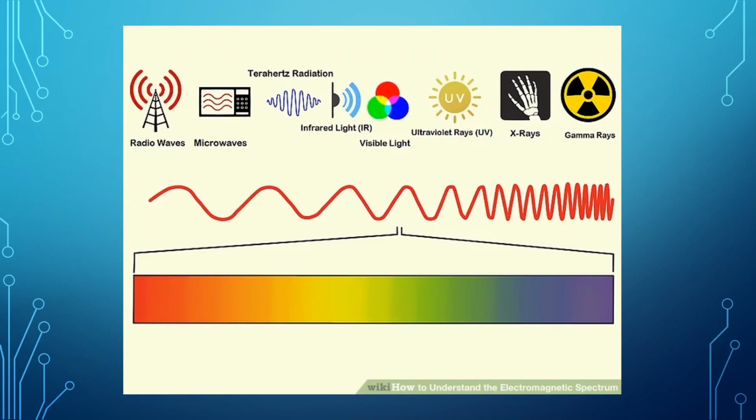Radio waves are towards the bottom end of the electromagnetic spectrum, which means that they've got quite a low frequency. Frequency defines how often that wave goes up and down within 1 second. The higher the frequency, the more that wave appears in 1 second, but the shorter the distance that wave can travel.